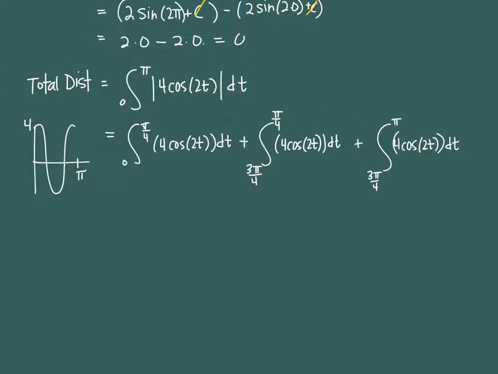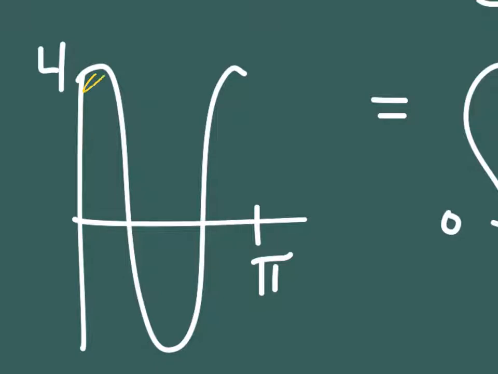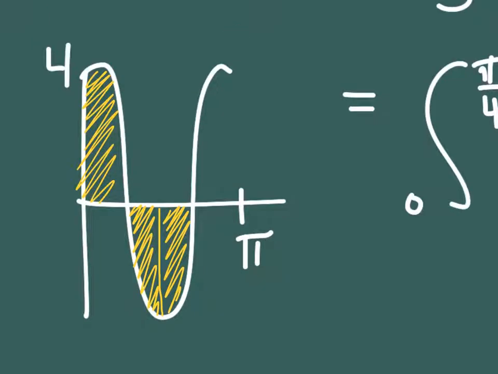Okay, I can use symmetry. If you recognize in the graph that by symmetry, this area is going to be the same as that area, which will then be repeated again on the other side, and then repeated again here, so I really only need one integral.